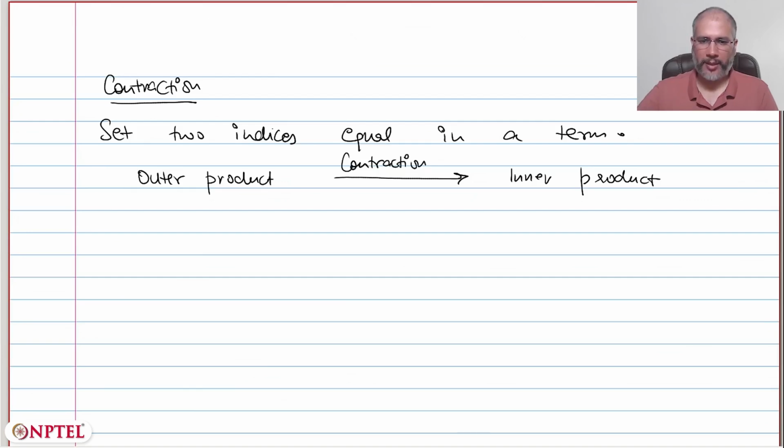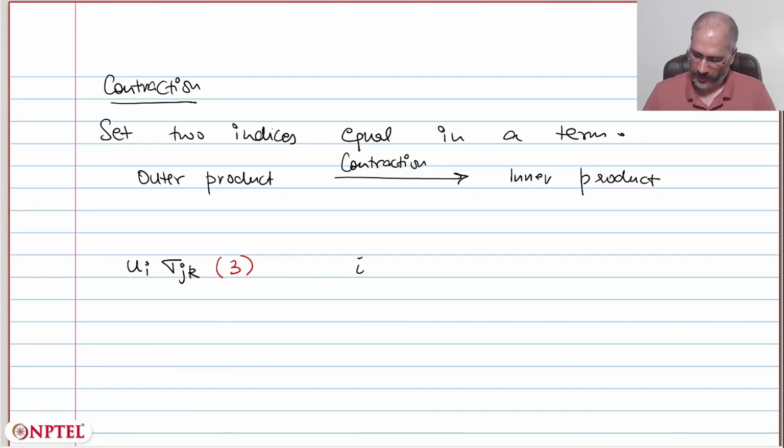So let's look at contraction through examples. The first example we will take is a vector tensor product. So let's take ui sigma jk, which is what we just saw in an example previously. This is the outer product of the vector u and the tensor sigma. What is the order of this? The order of this is 3 because you have 3 free indices in this term. And now I'll perform a contraction here. What does contraction mean? Contraction is an operation where we set two indices equal in a term.